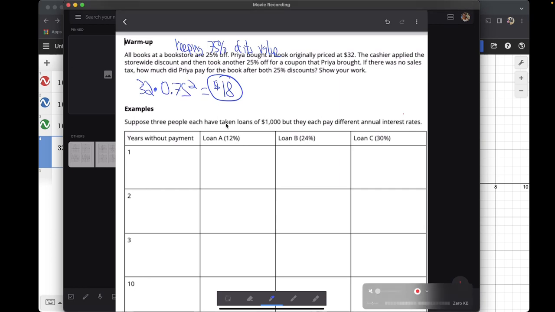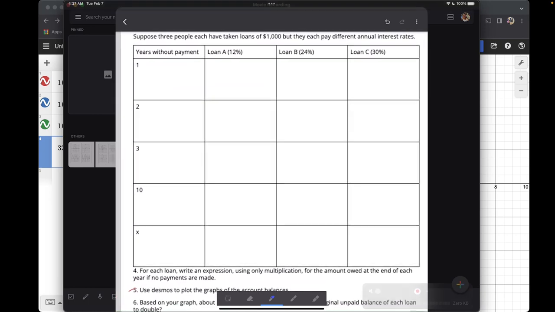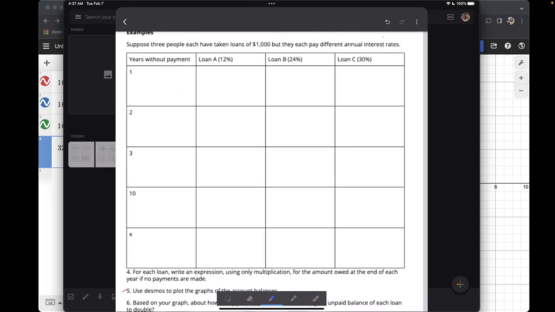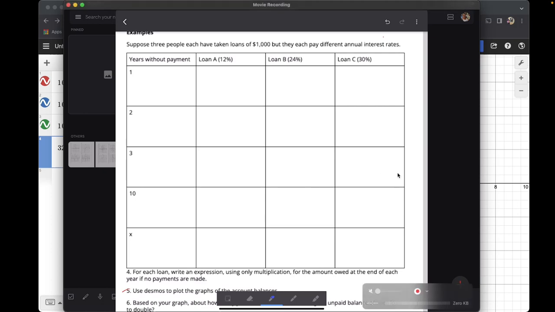Let's get into the examples for today's lesson. So suppose three people each have taken loans of $1,000, but they pay different annual interest rates. So these are their interest rates: 12%, 24%, and 30%.